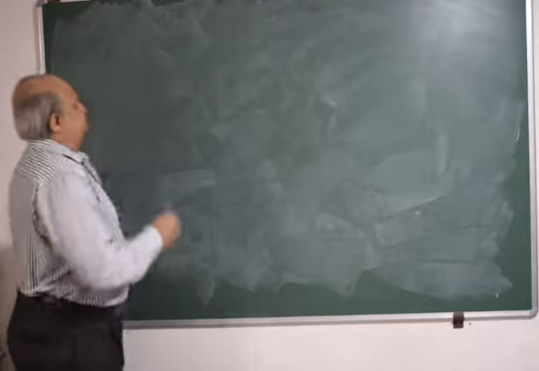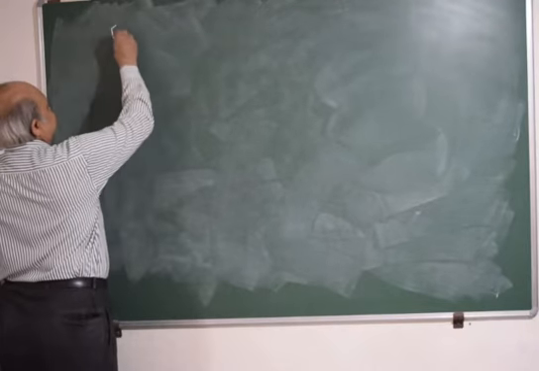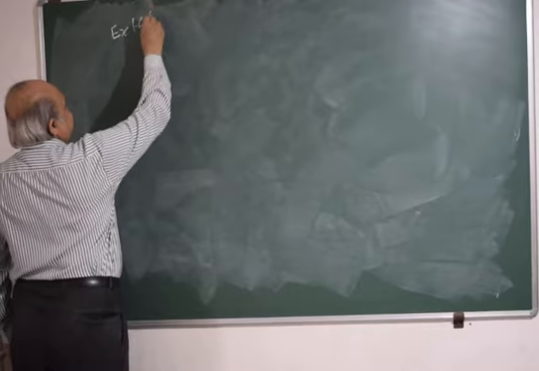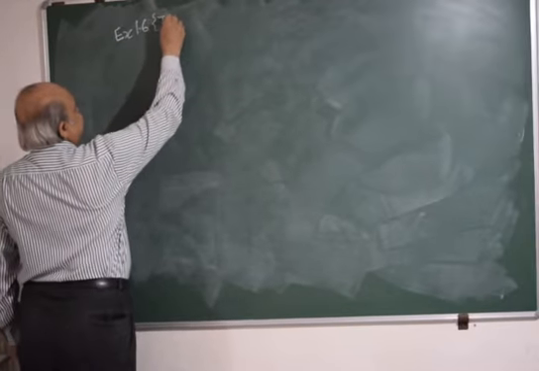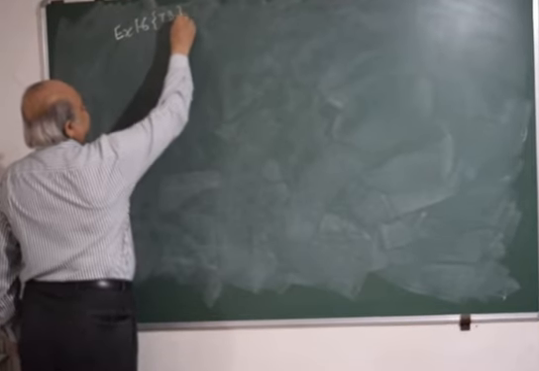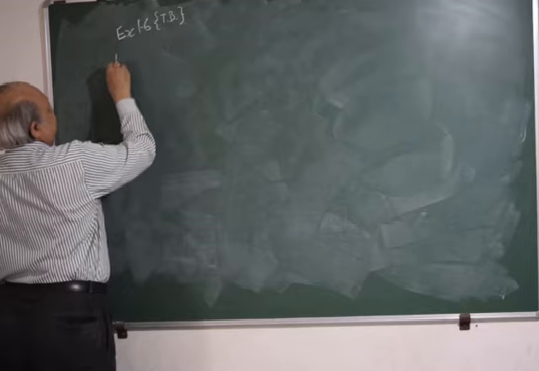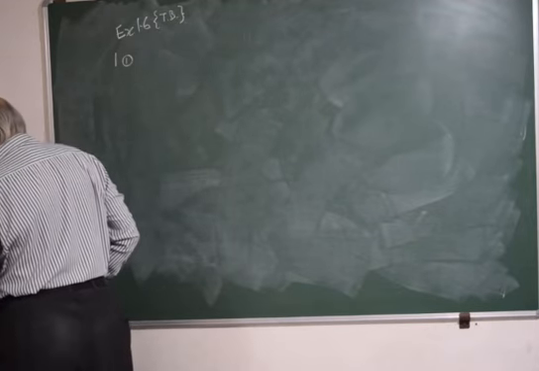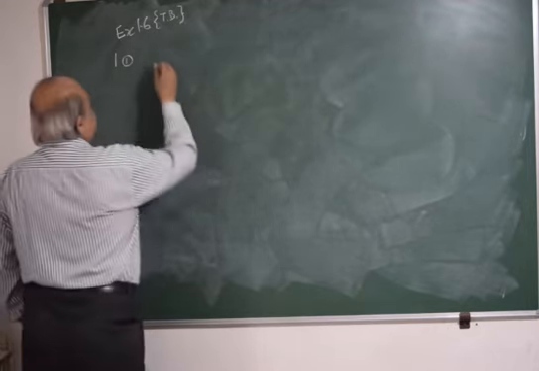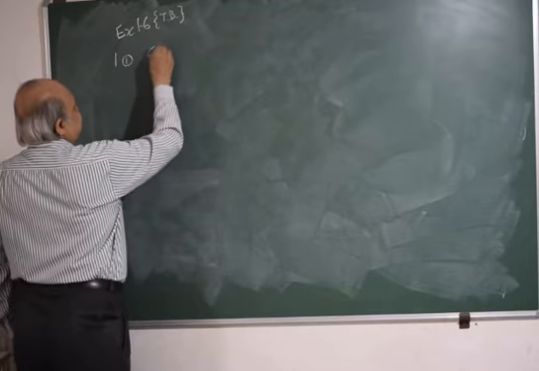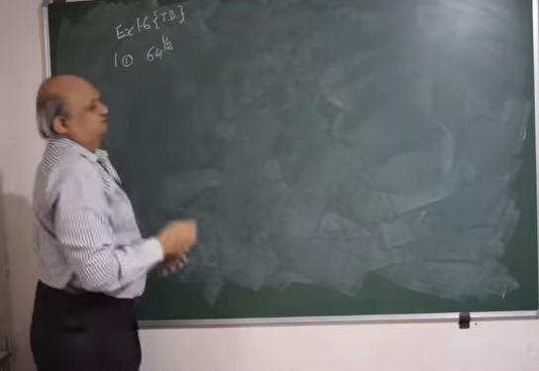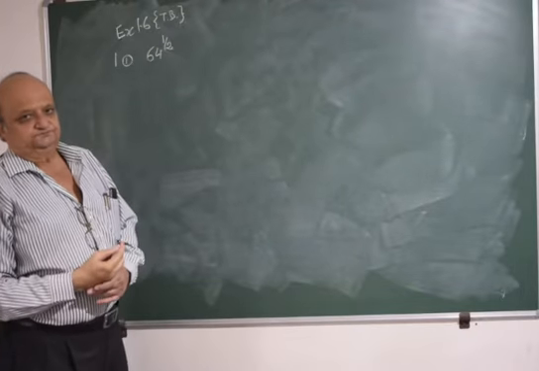So it is exercise 1.6 of the textbook. Question 1, sum 1. It says 64 raised to 1 upon 2.